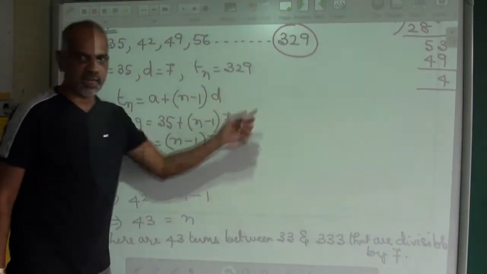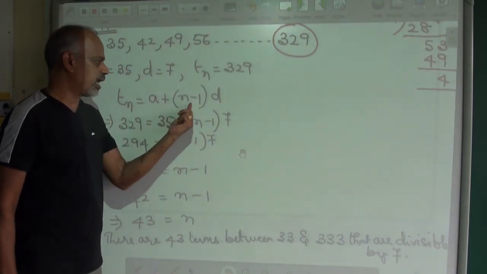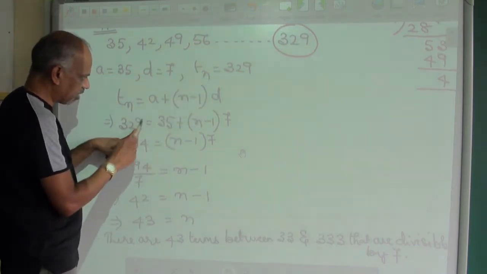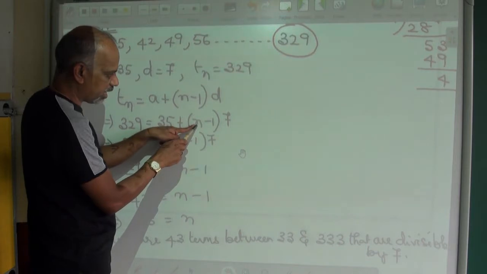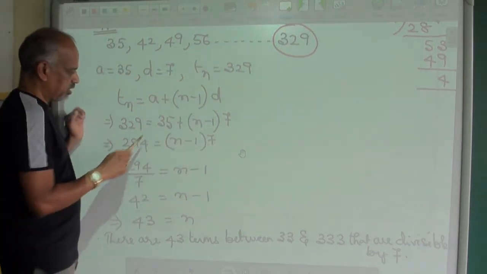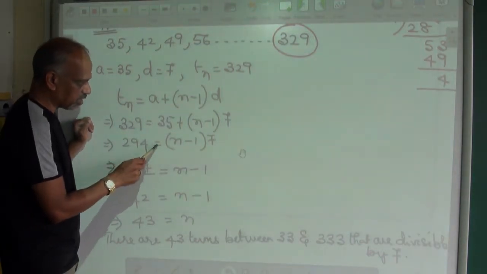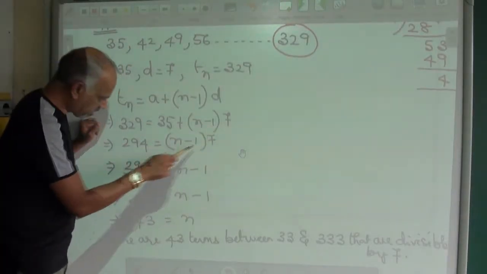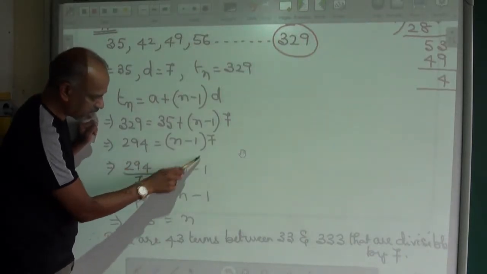Because you know term n, let's use the formula for term n. Tn is equal to A plus n minus 1 times d. Tn is 329 is equal to A's value is 35 plus you don't know n minus 1 times d's value is 7. You can bring the 35 this side. 329 minus 35 is 294 is equal to n minus 1 times 7. Bring the 7 this side. 294 divided by 7 is equal to n minus 1.